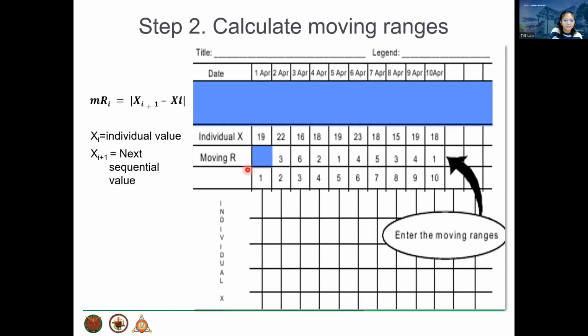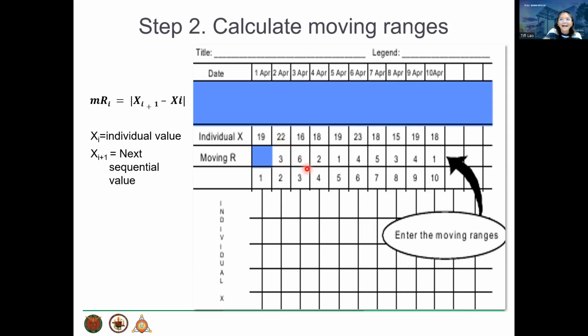So for example, how did you get 3? So yung 3, that's just the absolute value of the difference of 22 and 19. So yun yung 3. Gets? Tapos ito naman, that's just, again, absolute value of the difference between 16 and 22.